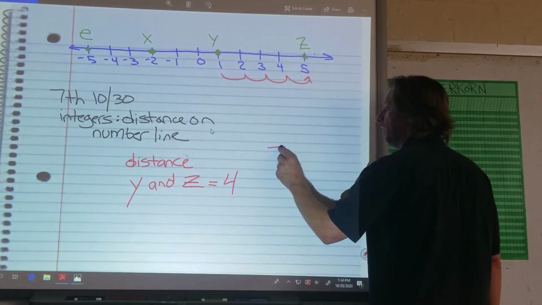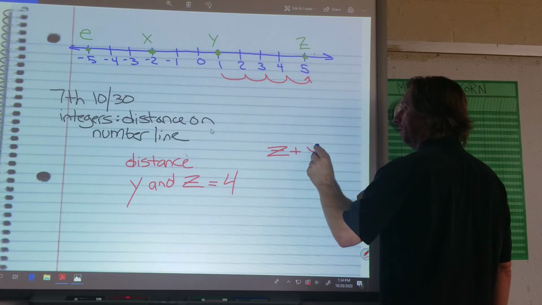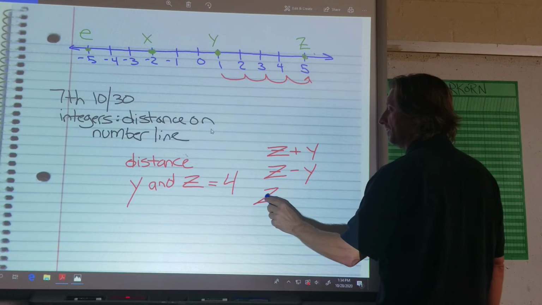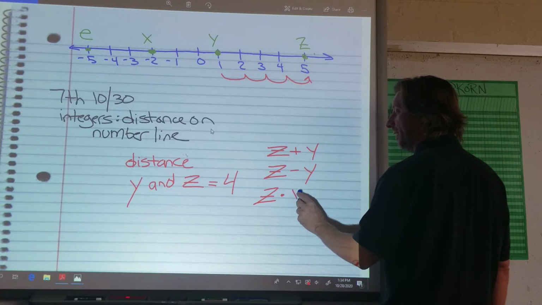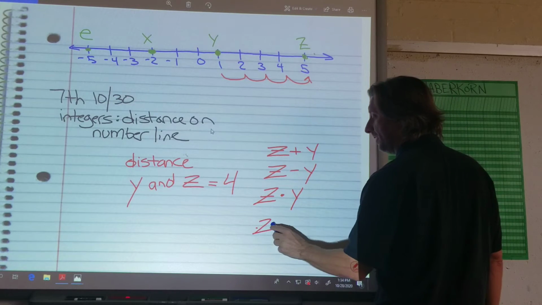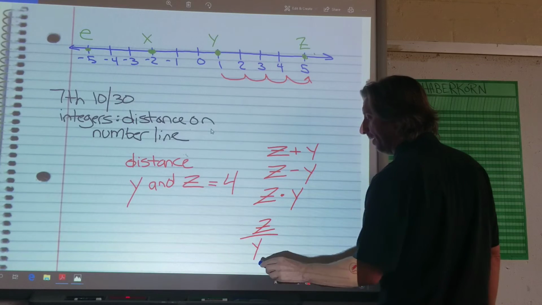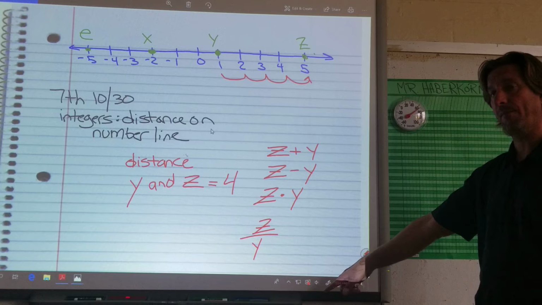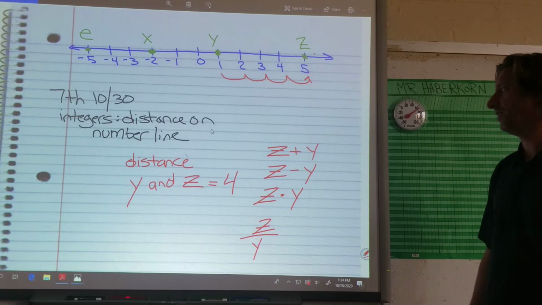Was it Z plus Y? Was it Z minus Y? Was it Z times Y? Or was it Z divided by Y? Which one of those is going to tell me the distance between Y and Z?